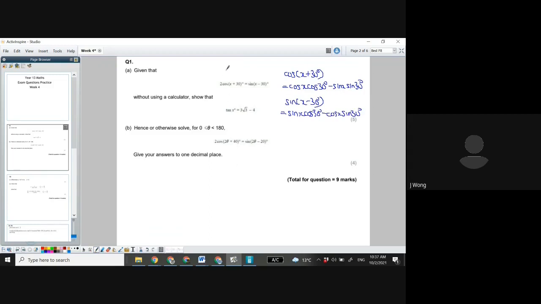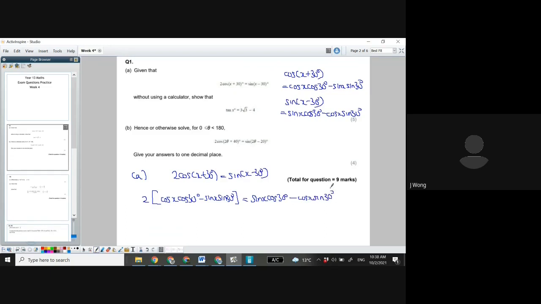Right, so here in our question, you could just put it in. So 2 cos of (x plus 30) equals sine of (x minus 30) changes into 2 times (cos x cos 30 degrees, subtract sine x sine 30 degrees) equals sine x cos 30 minus cos x sine 30 degrees.